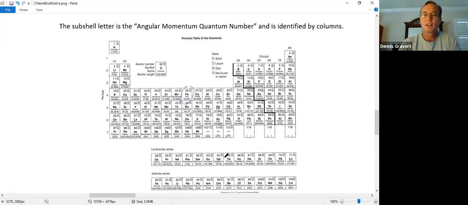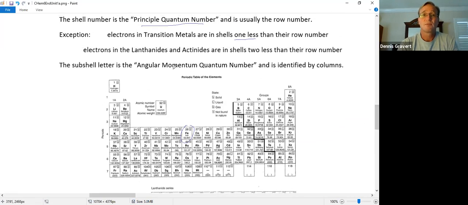But this row of elements is actually part of the 6th row here. But when you're looking at the last electron going into these elements, I think, wait, aren't they in row 6? Aren't they filling the 6th shell? They're actually filling the 4th shell. So these elements are off the table at the bottom. Find out where they are and go 2 shells less to identify their principal quantum number, the shell number. It's going to be 2 less. Okay, we'll get some practice with those in just a second.